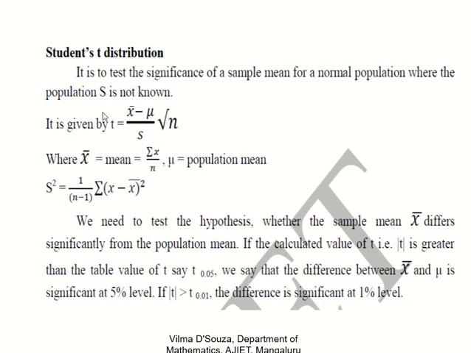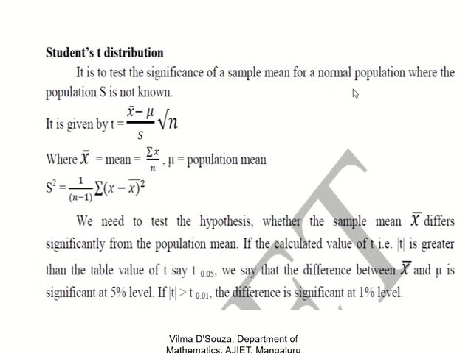Now here the variate t is given by x bar minus mu divided by S into root n. What is x bar here? x bar is the mean, that is sigma x by n, and mu is the population mean.